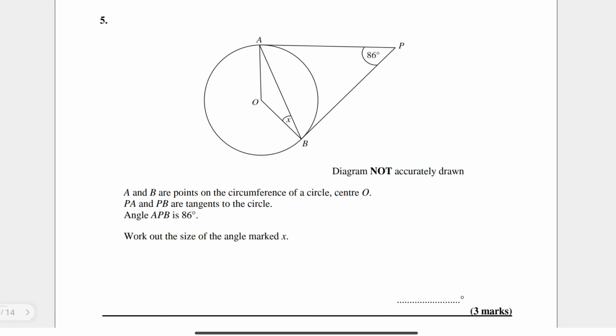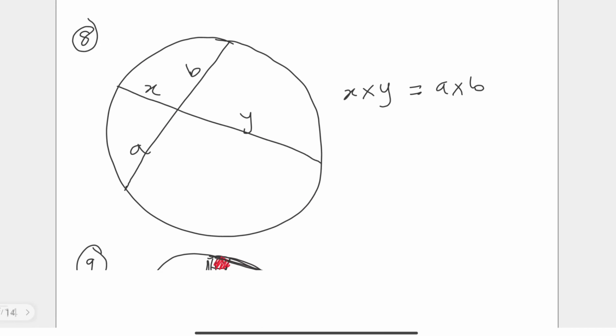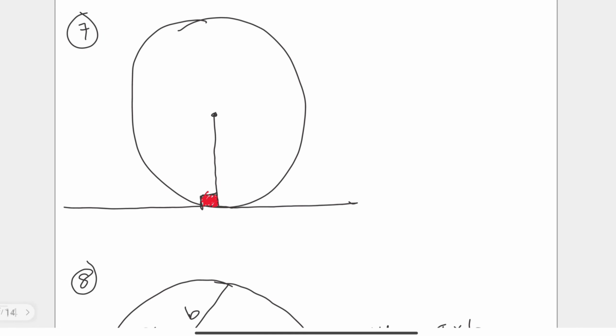A and B are points on the circumference of a circle with center O. PA and PB are tangents to the circle, and angle APB is 86 degrees. Work out the value of X. I forgot to mention one of the rules in the second theorem, so let me quickly include that. Let me make that rule number 10.